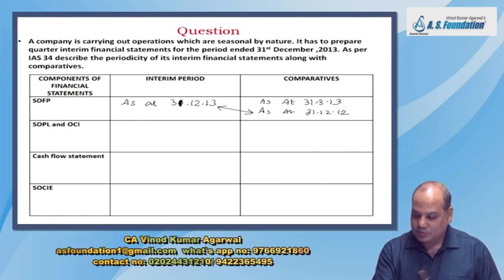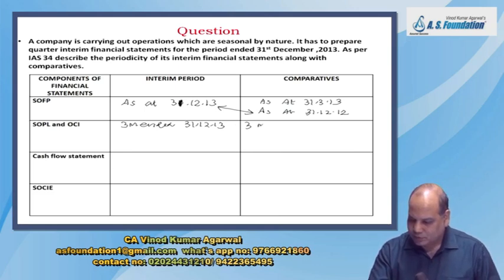Now what about SOPL? For current year, 3 months ended 31/12/13. Its comparison will be with 3 months ended 31/12/12. Then cumulative year to date, 9 months ended 31/12/13.